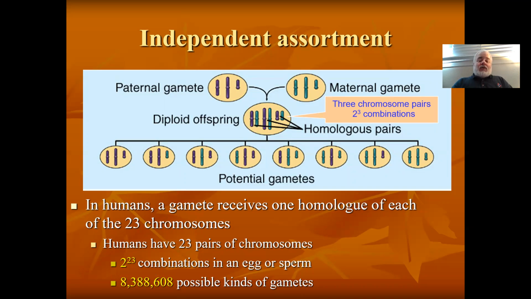When you make an egg cell or a sperm cell, you've got 8 million possibilities. That's just counting independent assortment. We haven't even included crossing over, which makes it 8 million to God knows what power. These numbers explode when you add crossing over.